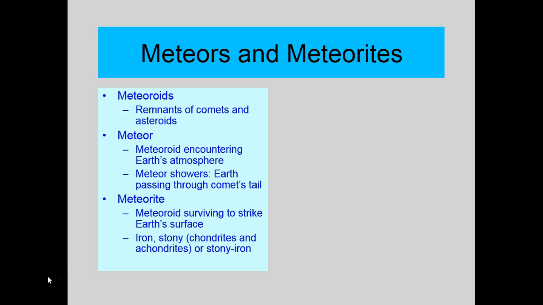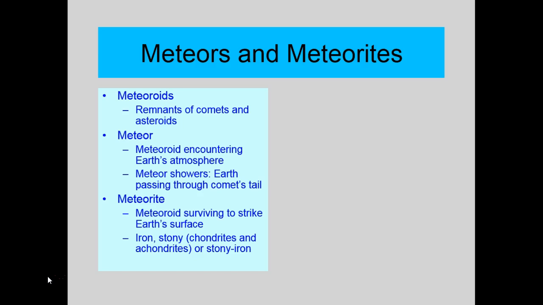Meteors, meteorites, but there's actually something before that, a meteoroid. Now, what is a meteoroid? It's a chunk of something out there in the solar system. Mostly remnants of comets or asteroids that got sucked in toward the sun.